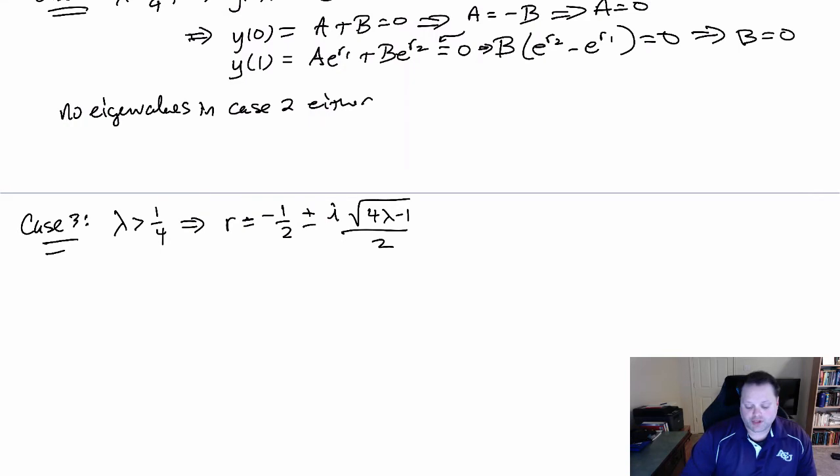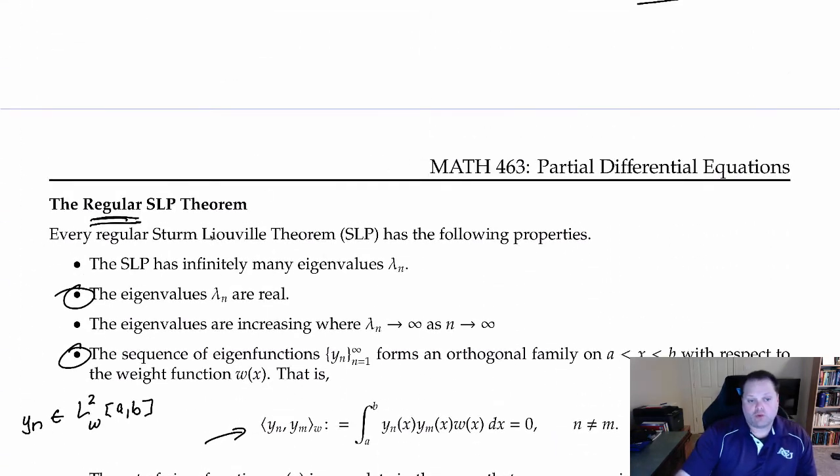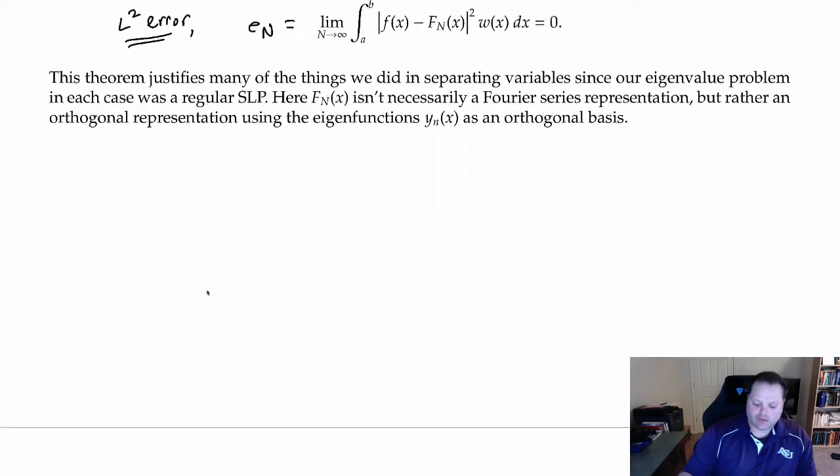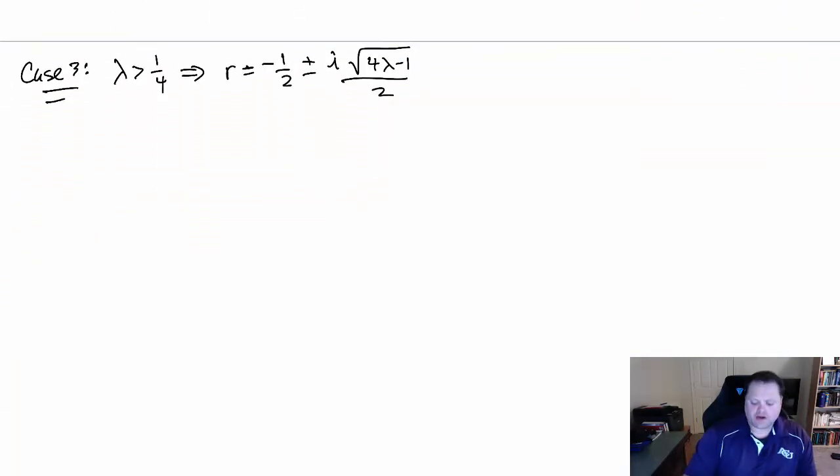I want to make sure you understand we're not violating the theorem. If you go back and look at what the theorem says, we will always get real eigenvalues, not that we'll always get real characteristic roots. So these characteristic roots can be complex. In fact, most of the time they will be if we're going to end up with eigenvalues.